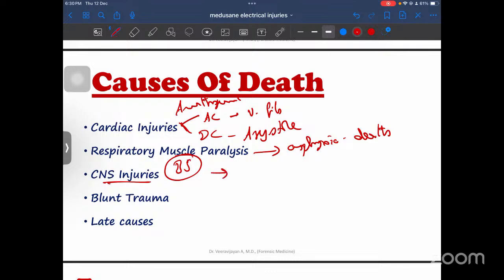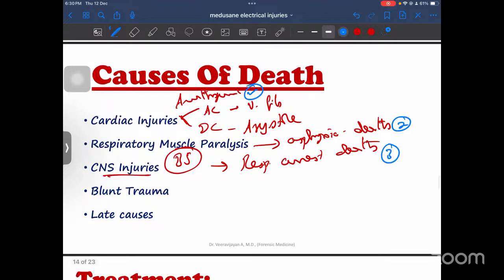It causes respiratory arrest and death. These are important causes of death in electrocution. One is arrhythmia, another one is respiratory muscle paralysis, another one is respiratory arrest because of damage of the respiratory center in the brainstem.